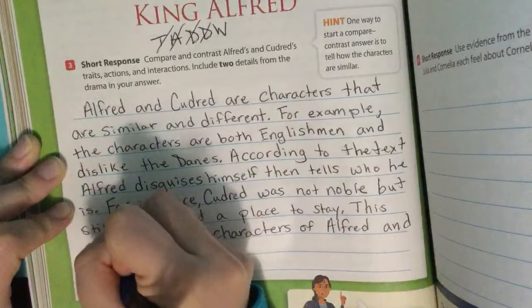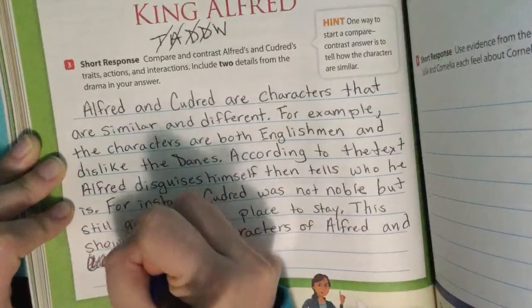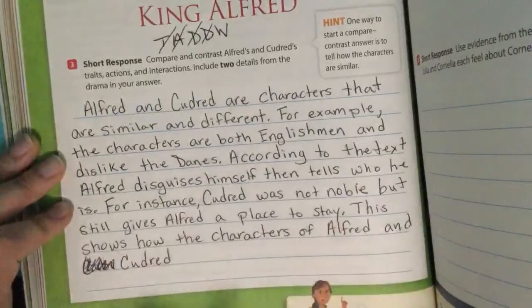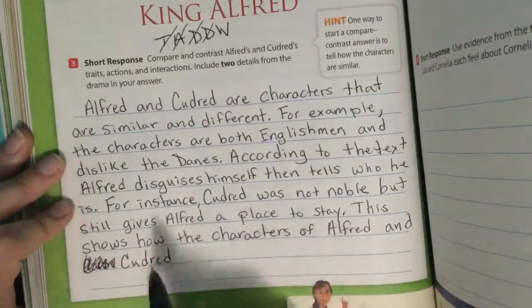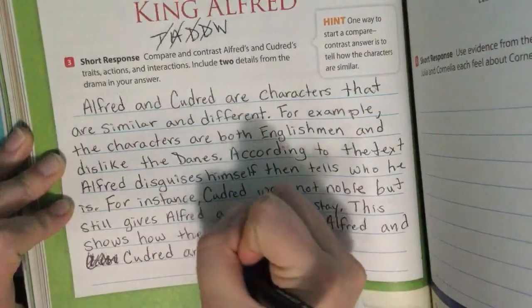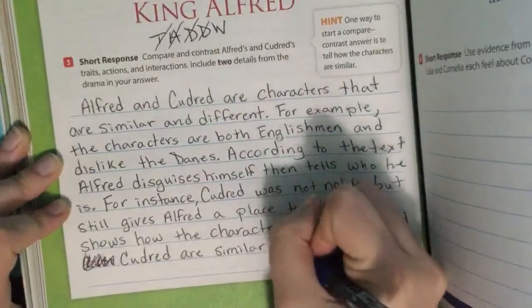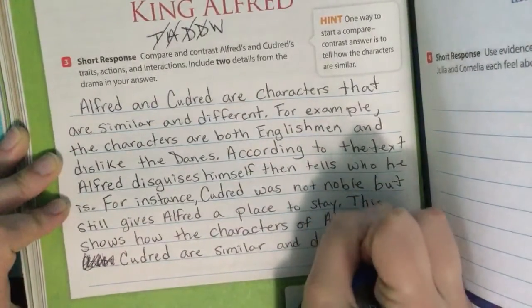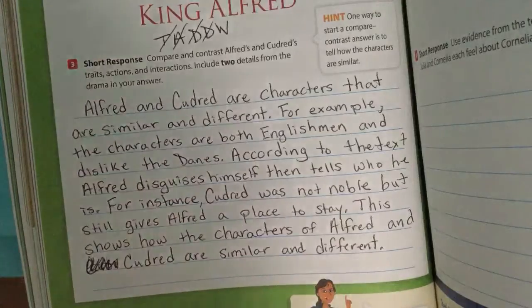Oops, I put AB, so this test says shouldn't be using pen. This is why you shouldn't be using pen either, in case you make a mistake. I don't like those little scribbles, but I made a mistake.